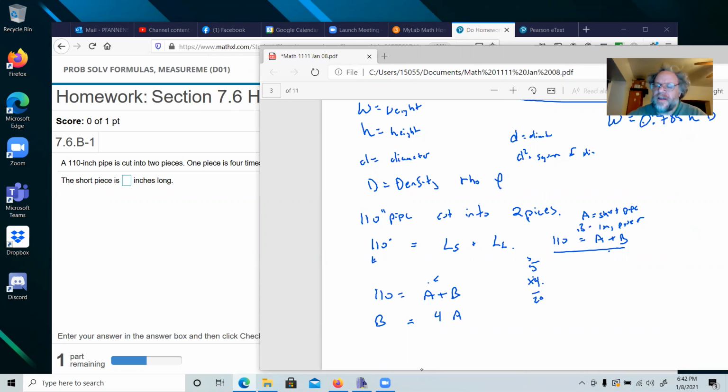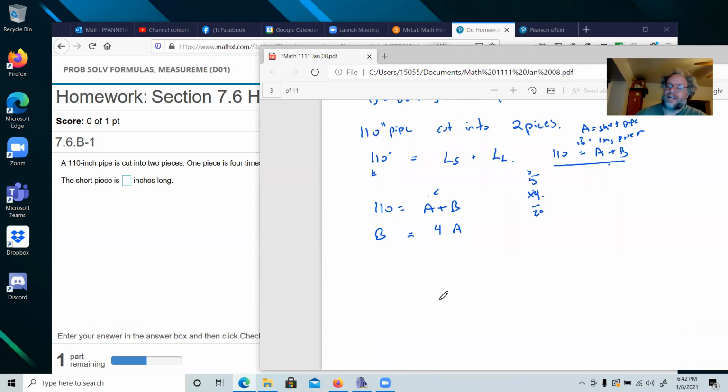Now they want us to use the whole pipe up. There's an implicit thing here: figure out how long each of these are, and that their lengths are going to equal this. They gave us something to substitute, because we said B was equal to 4A. So I know that 110 is equal to A plus B, but B is 4A.